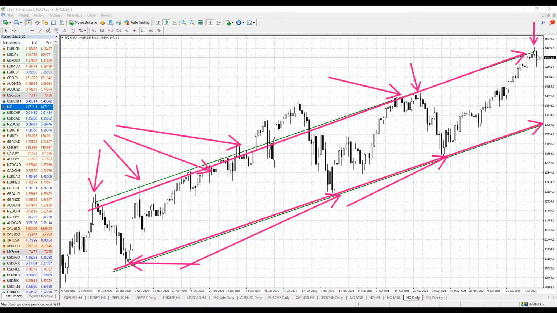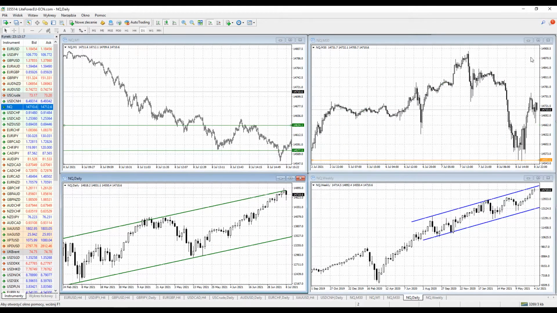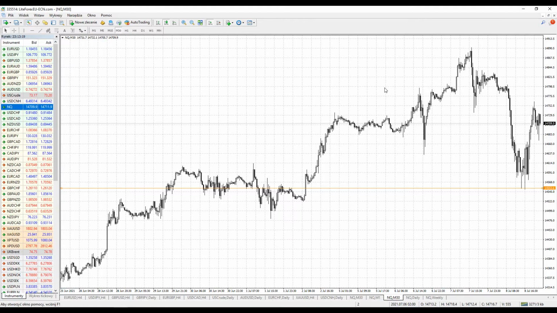And we've seen an attempt to go higher yesterday with a strong pullback towards the end of the day and an upper shadow. In that case, I would look for the selling opportunity based on the price action on the intraday chart, right?